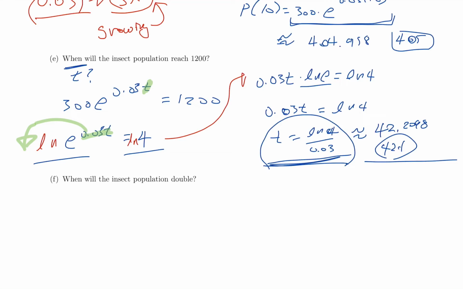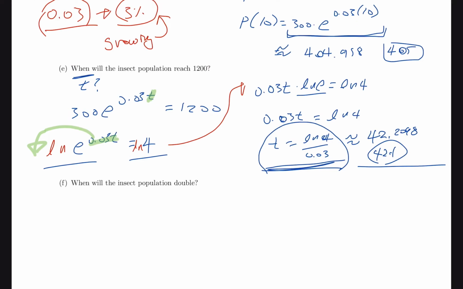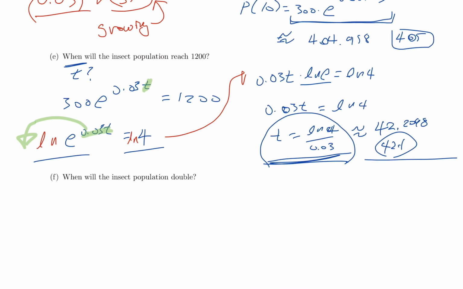Now let's look at the last part. When will the insect population double? We know this expression tells us the population after time t.